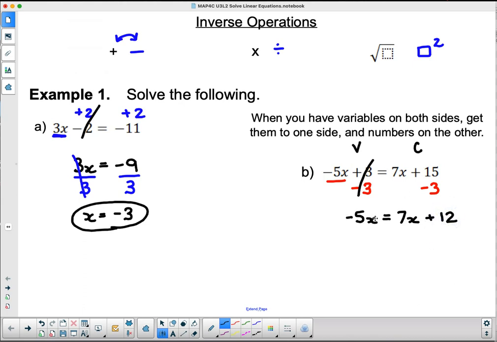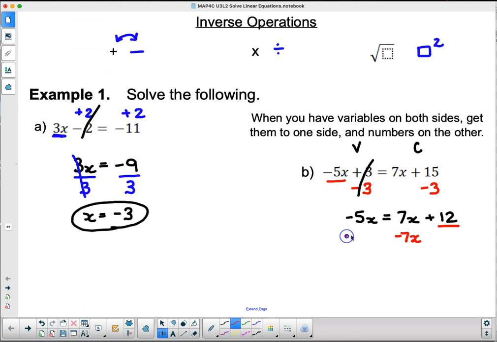Now that I have only variable terms on this side, I'm going to turn my attention to the other side, which says I can only have constant terms on this side. So this is what I want to keep on this side of the equation. That's a constant term. It needs to stay there. So I have to get rid of the other one. This 7x, the opposite of a positive 7x, is a negative 7x.